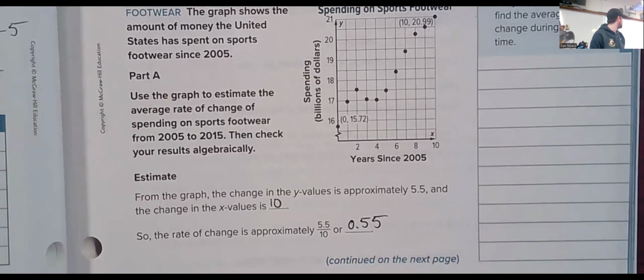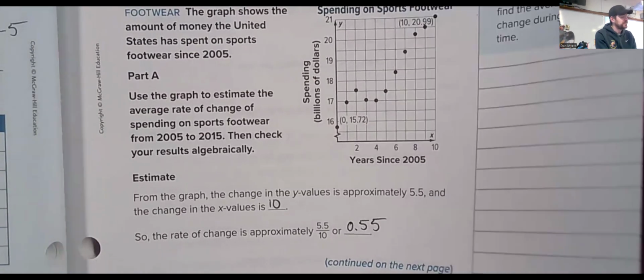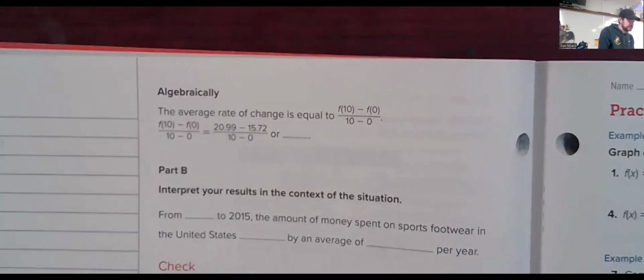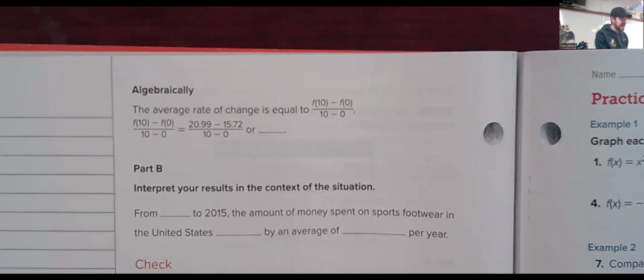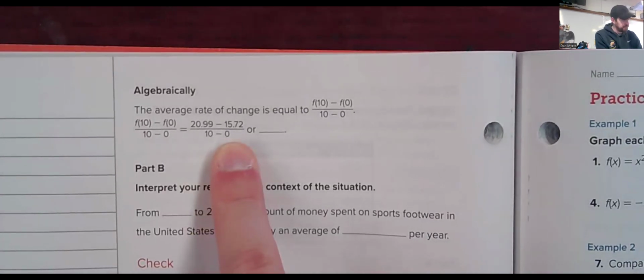It's 0.55. Which means that the average rate of change, algebraically, is 0.55.